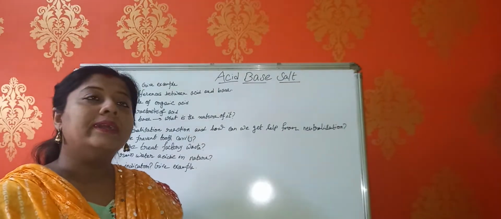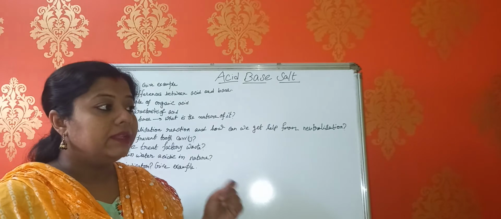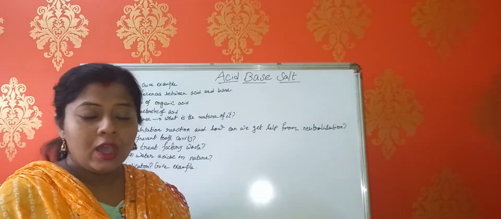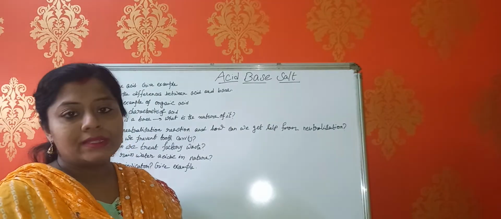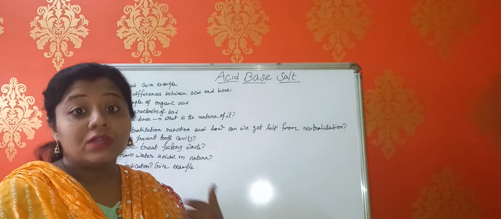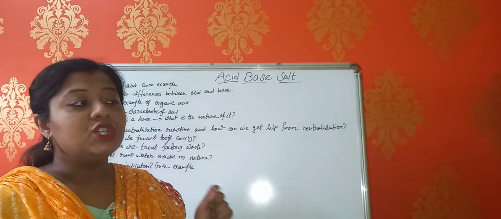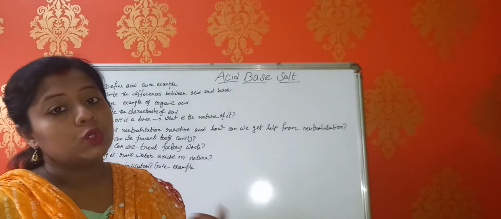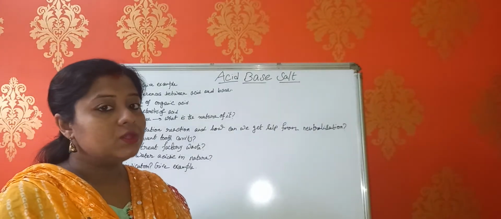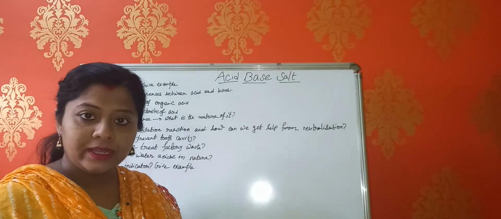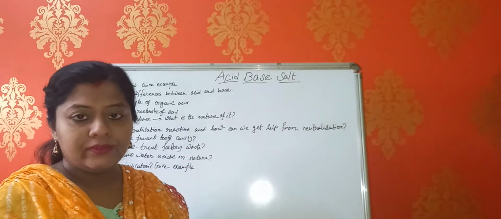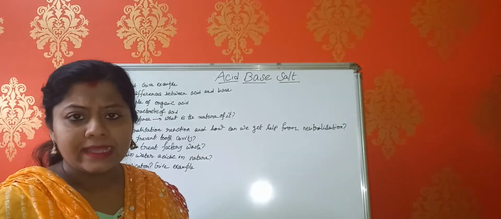If you want to write the definition of acid in terms of Arrhenius law, you can say an acid is a substance which gives hydrogen or H plus ion or hydroxonium ion when dissolved in water. This is how you can give the definition as well as any example.